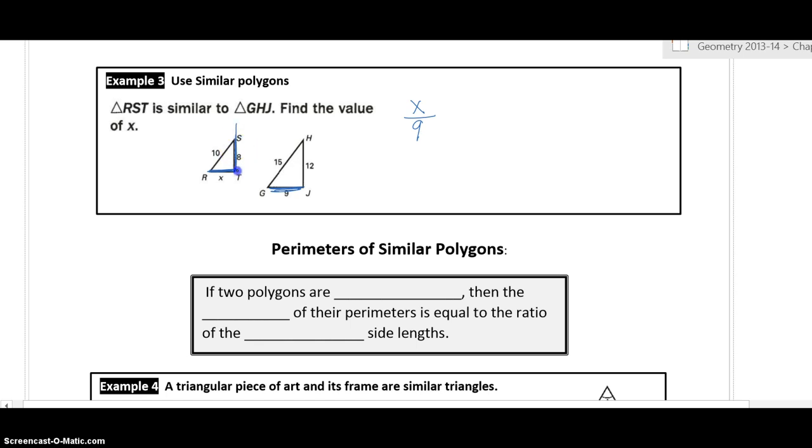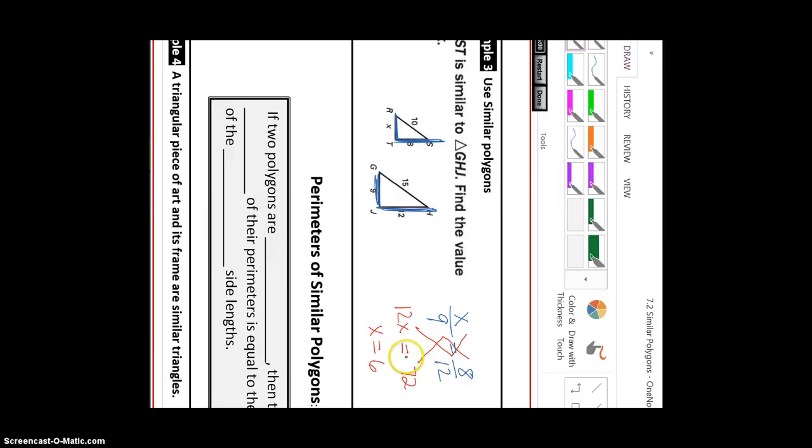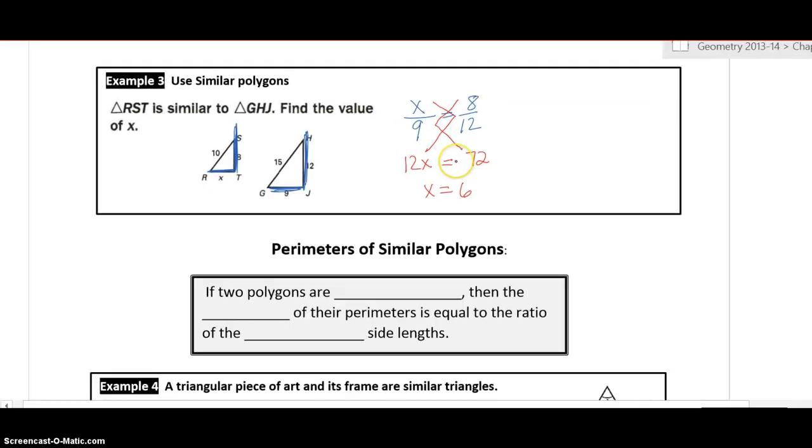So I'm going to pick 8 and 12. We know that those are proportional. From yesterday's lesson, we know that we solve a proportion by cross multiplying or shoestring. So x times 12 is 12x. 9 times 8, or 8 times 9, is 72. If we solve that, we want to divide, and we get x equals 6. So the length of RT would be 6.